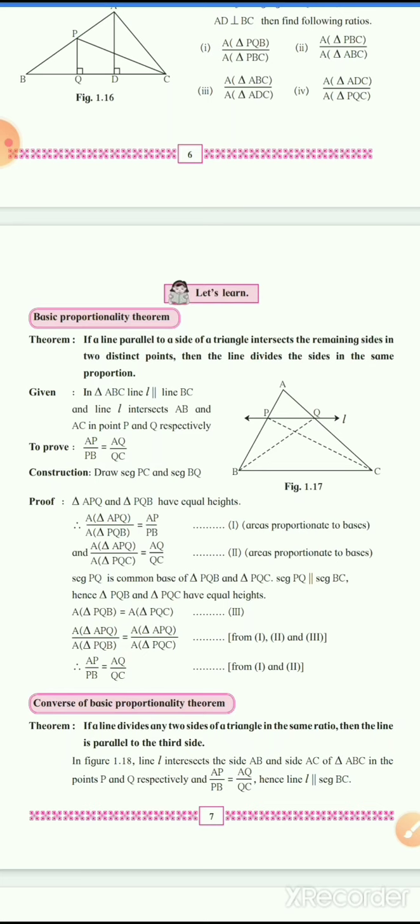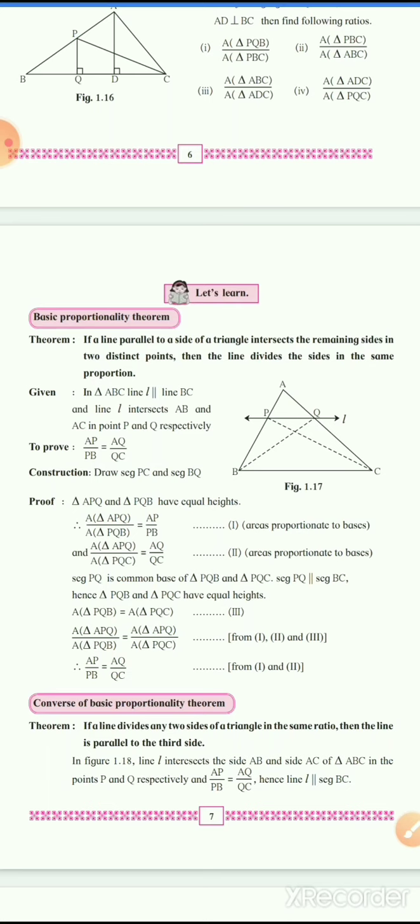So these two triangles are standing between these two parallel lines, means line L and seg BC. So, hence, triangle PQB and triangle PQC have equal heights also. So, they have equal bases and equal heights.